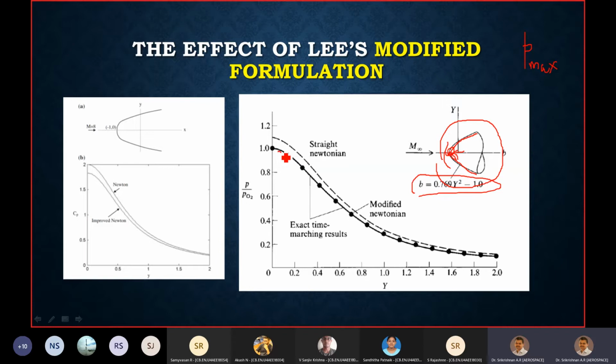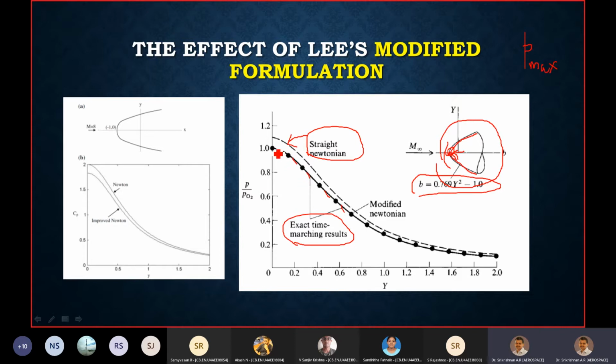The solid curve line that you see here, which is what I am showing as the red line now, is based on a numerical method which is exact, that is without any approximations. Now the other one, that is the dotted one, is based on the original Newton's formulation, that is the 2 sine squared theta calculation.